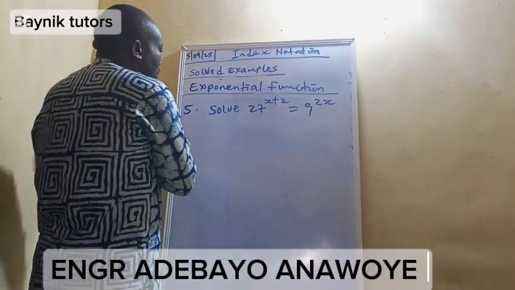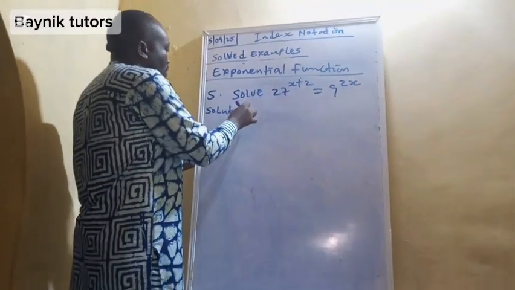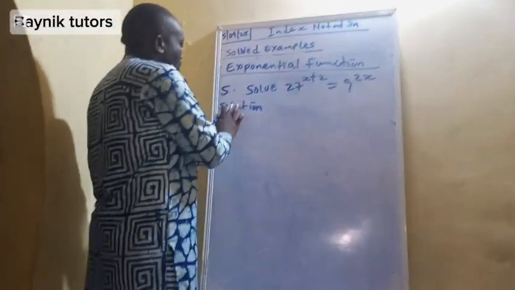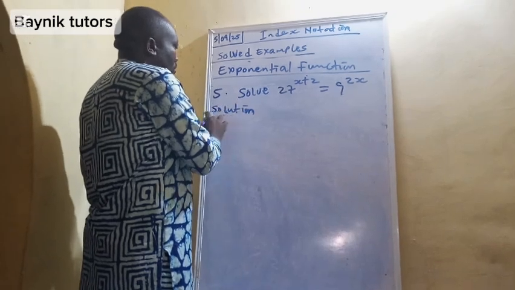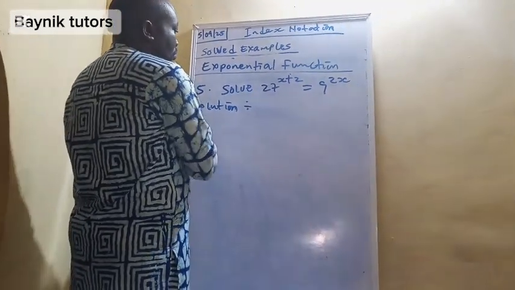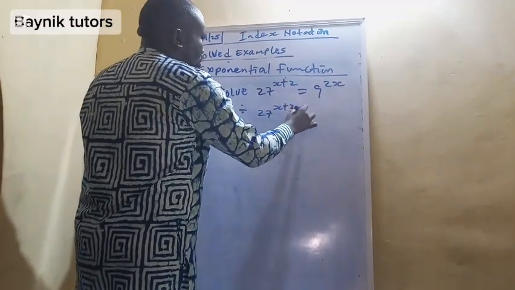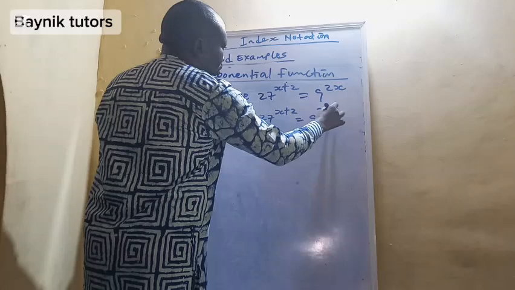Here we will now be solving this. We're sure both of them have the same base. So 27^(x+2) is equal to 9^(2x).